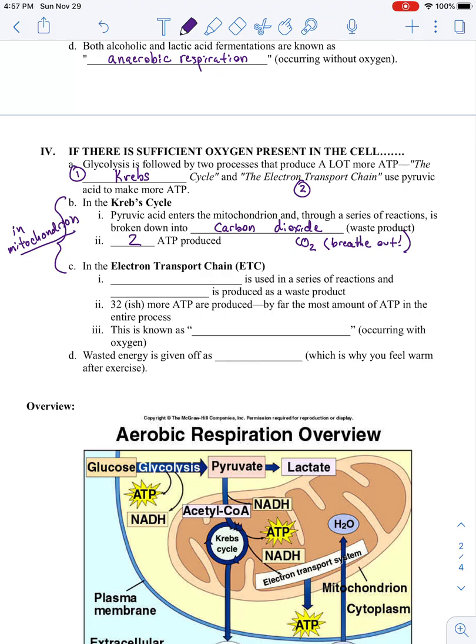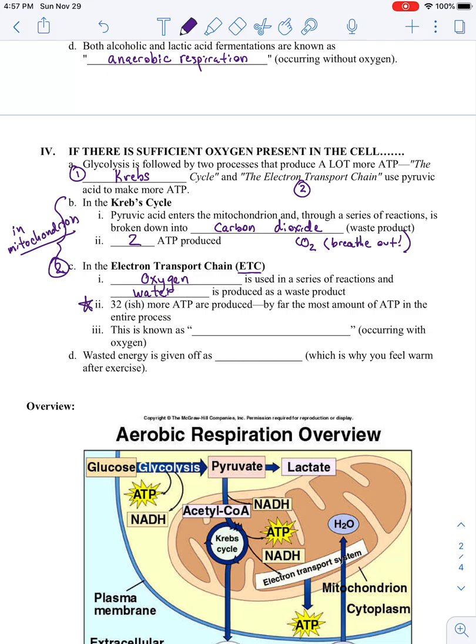The second process in the mitochondrion is the electron transport chain, and it's okay to abbreviate that ETC. In the ETC, oxygen is now going to be used. And through a series of reactions, it is going to make water as a waste product, and 32-ish more ATP are produced.